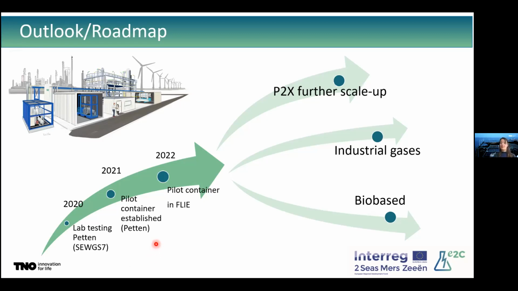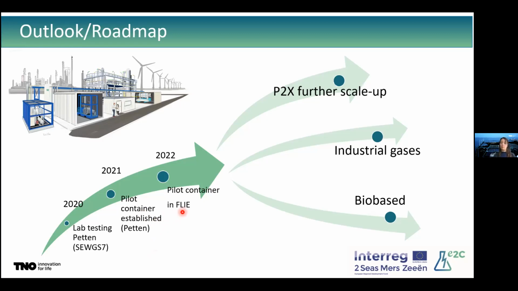And then in the follow-up project, we will probably move the pilot container to the field lab that you just saw this movie about. And there we will also incorporate the downstream processing, so the separation of the DME, and also do the actual coupling to a PEM electrolyzer.